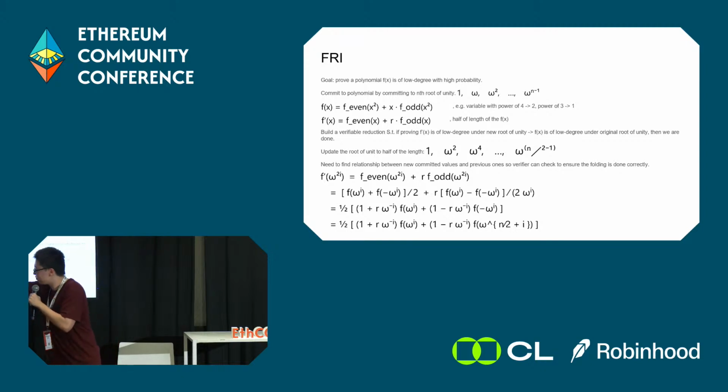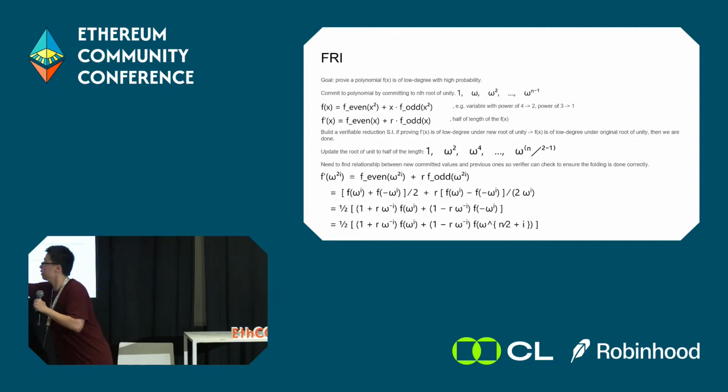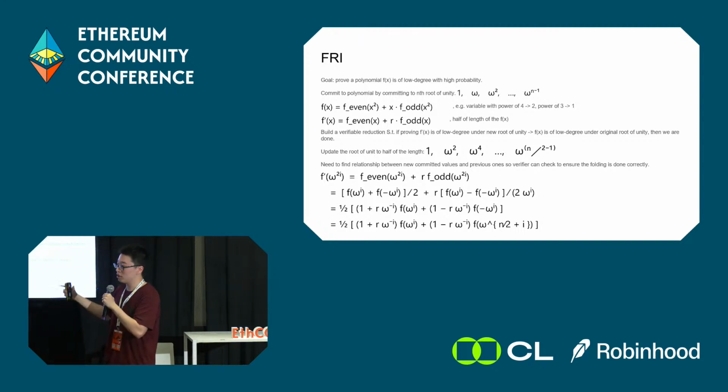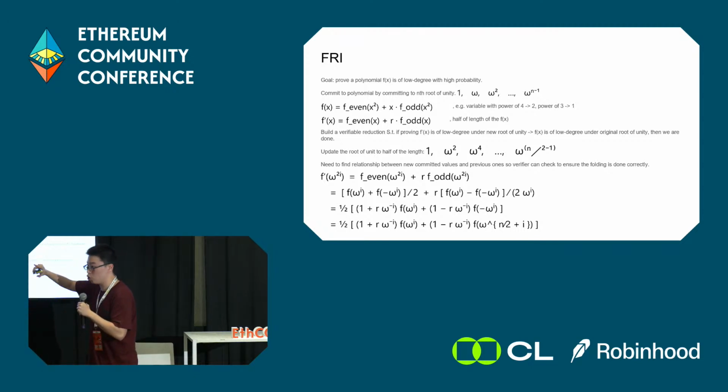For example, you add omega to the i and negative omega to the i together. For the even power, it should be kept, but you also have a 2 before it, so you divide by 2. But for the odd power, it cancels out. So this term is equal to f_even of omega to the 2 to the power of i.